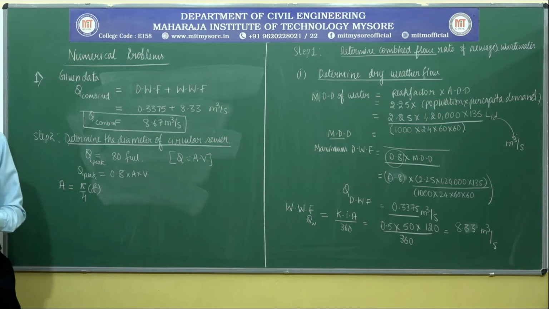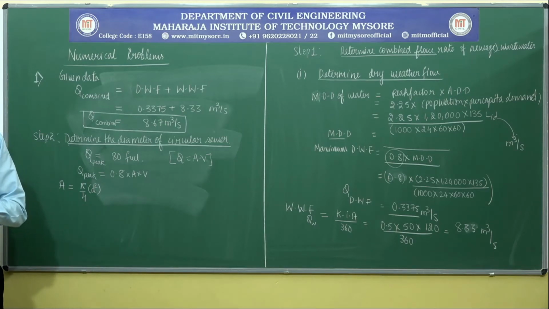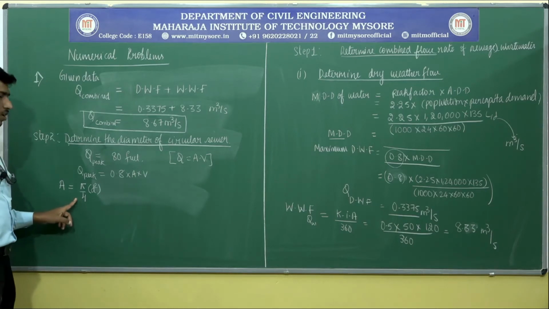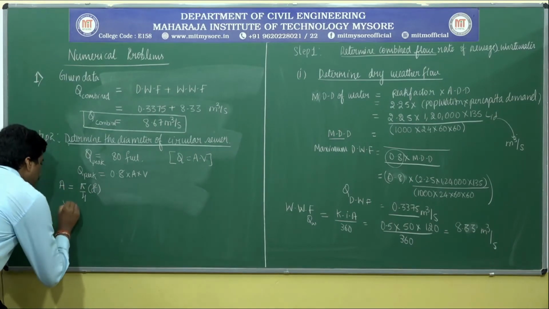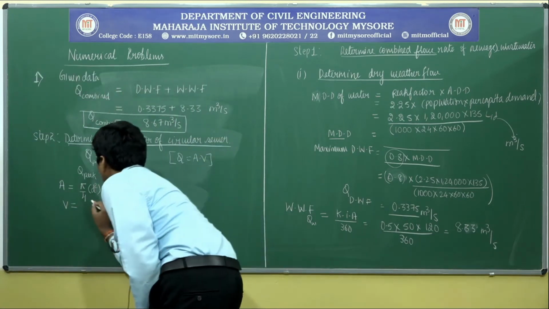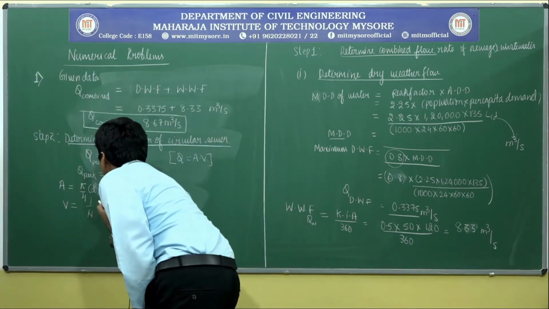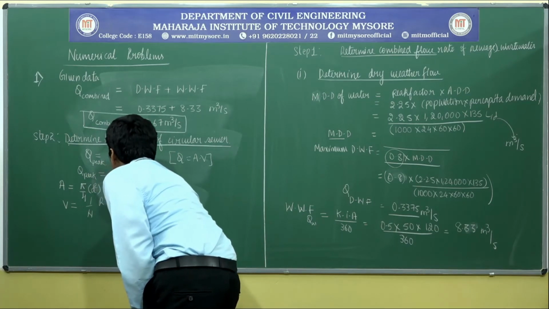For 80% running full condition, the wetted perimeter has to be taken into consideration. What is the formula for determining V? We know that V is equal to 1 by n r to the power of 2 by 3 and s to the power of 1 by 2.